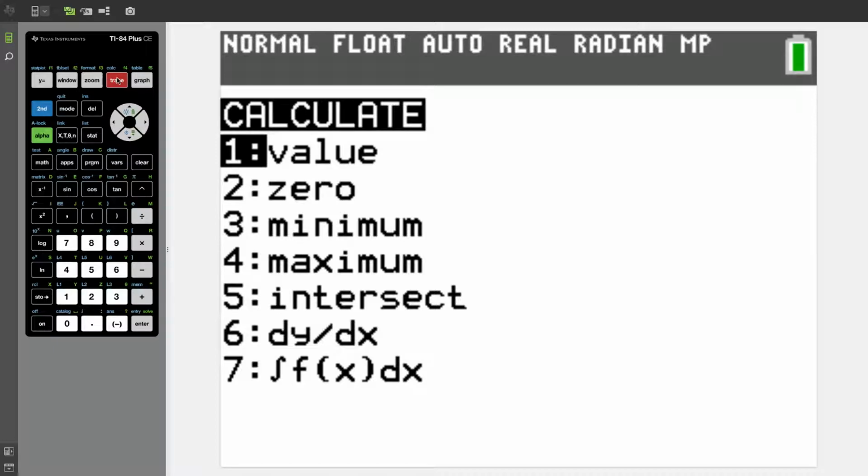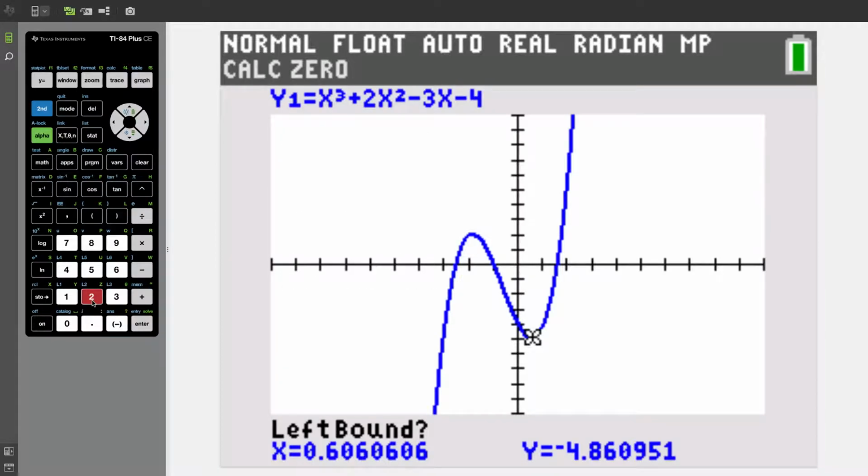So last week we found zeros by factoring, algebra, but you can also find zeros of a graph if you have access to a graphing calculator by using this function. So I'm going to just find one of my zeros. How will I identify where the zero is on the graph? It's the x-intercepts. Okay.